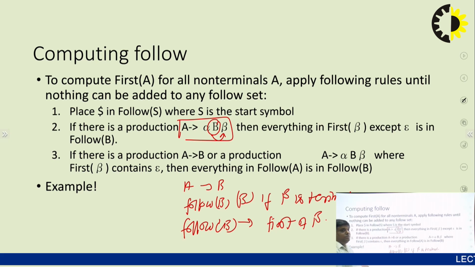That is a very important rule by which we compute the Follow of any production rule. There is another important rule.